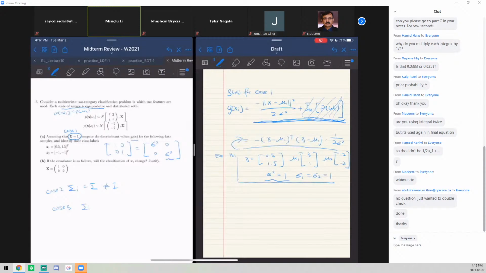It will become, I just write first, 0.5, 1.5.